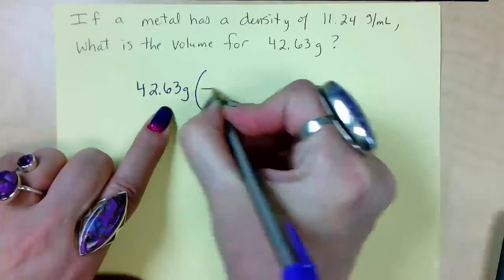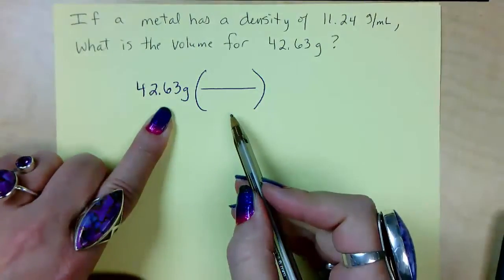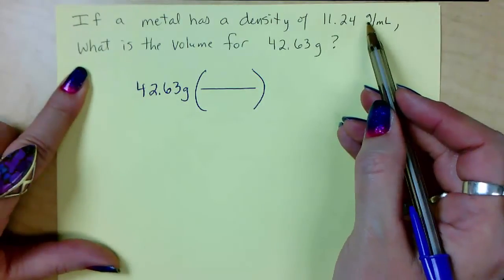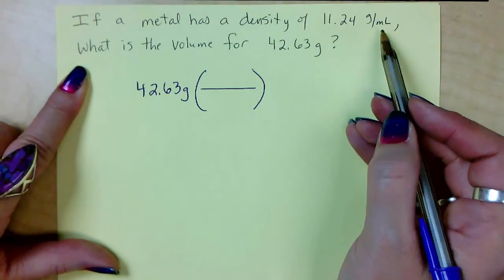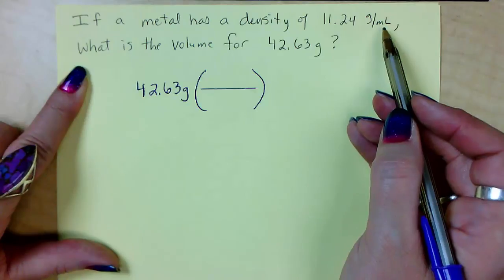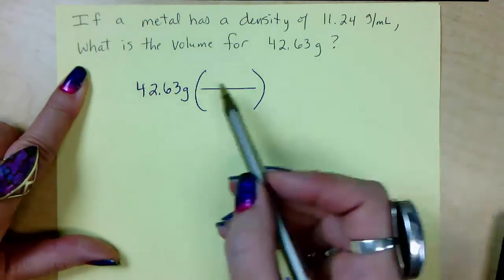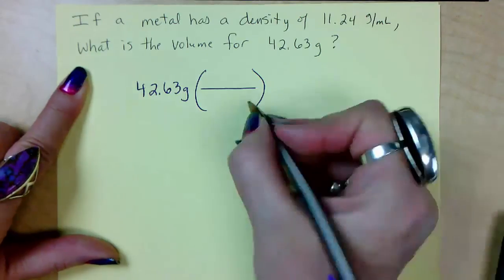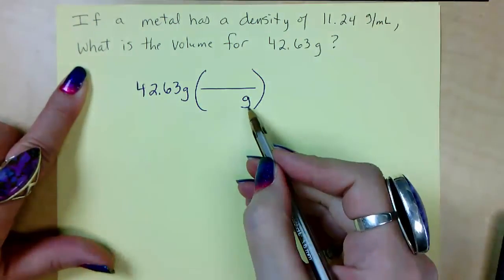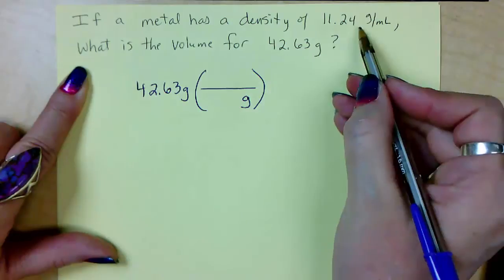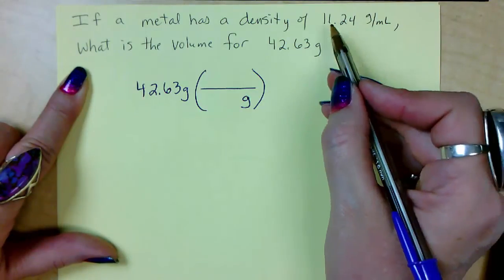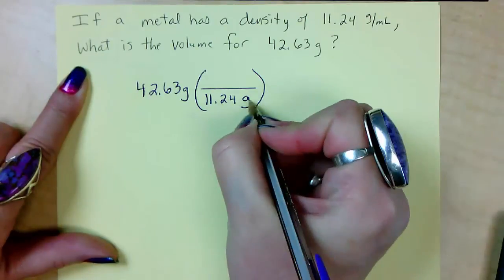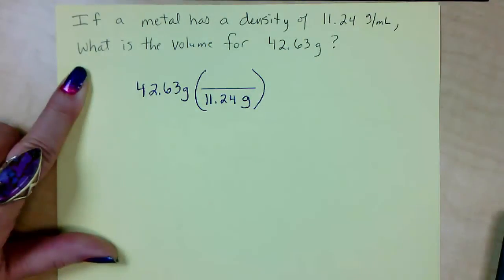Conversion factors, like always, go here in parentheses with a line through it. Now we have 11.24 grams over a milliliter. 1 milliliter to be exact. Now grams is what we're starting with. So what do we want on the bottom? We actually want grams on the bottom. How many grams are there in the density? There's 11.24. So 11.24 grams is actually going to be on the bottom.